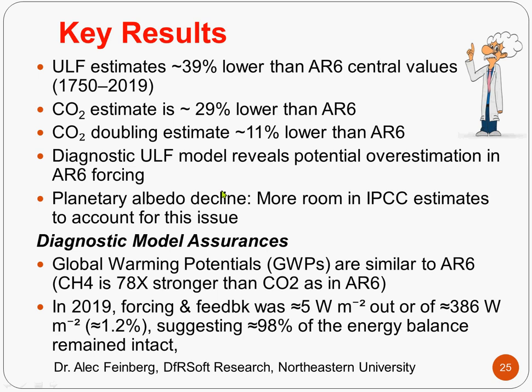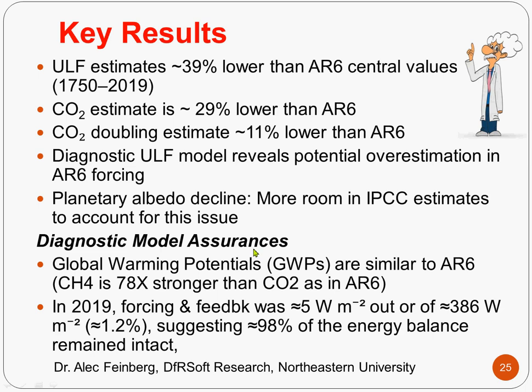So now we begin to see that the linear model provides some very helpful information, because we have more room now to attribute the albedo decline, which wasn't really taken into consideration in the AR6. So there wasn't room for the albedo decline on the planet.